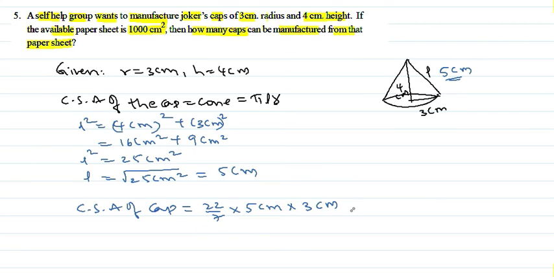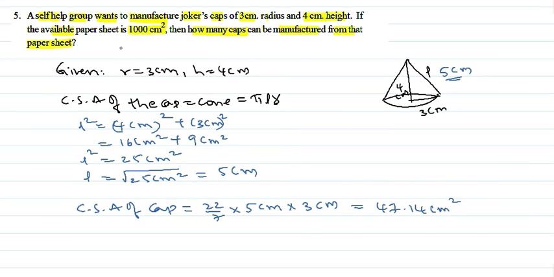So approximately we are getting 47.14 cm square. But here they give the total available paper sheet as 1000 cm square, and we are going to calculate how many caps.